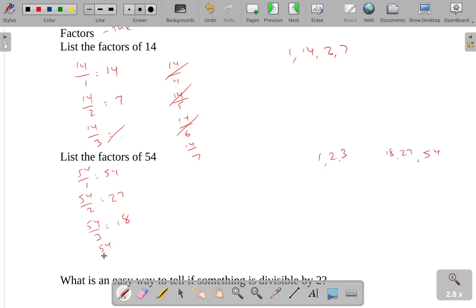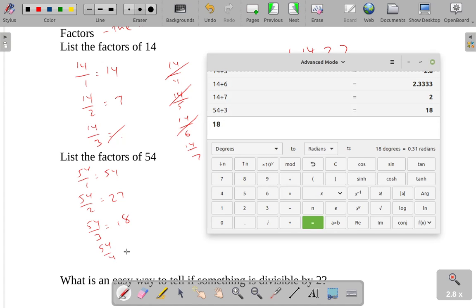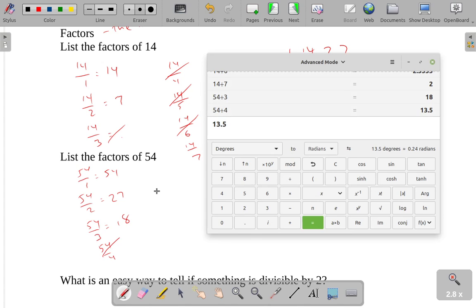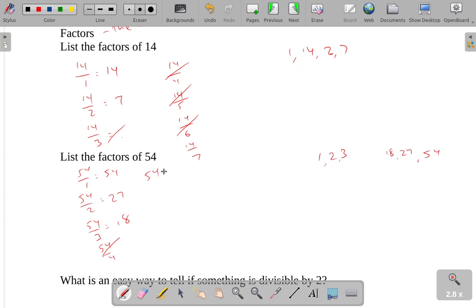All right, 54 divided by 4. Hey, that one doesn't come out. Okay. 54 divided by 5. Doesn't work. 54 divided by 6. Yeah, that one does. 54 divided by 6 equals 9. So I'll write 6 and 9. 54 divided by 7.